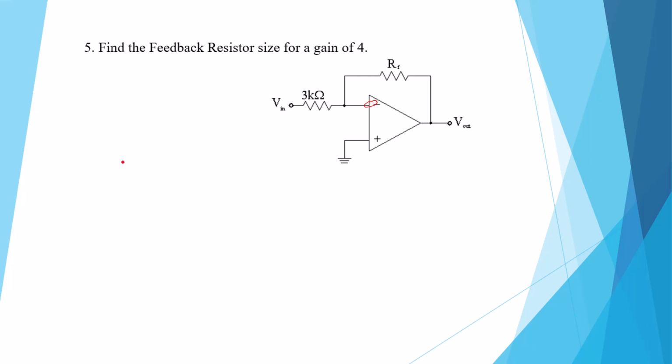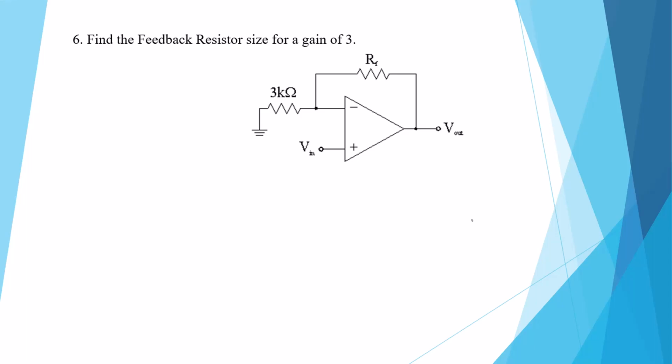And our formula is AV equals RF over Rn. If we redo that looking for RF, RF equals AV times Rn. And it's going to be 4 times 3K, or 12K ohms.